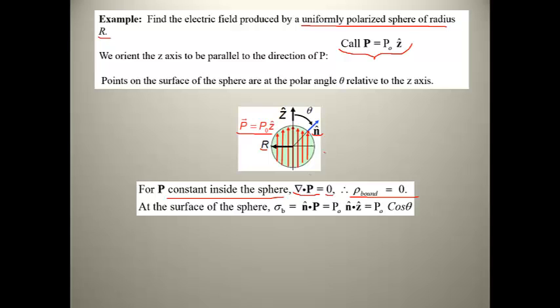At the surface, the surface charge density equals n hat dot P. And if we look at the equation for P, then n hat dotted into P is going to be P0 n hat dotted into Z hat, and that's going to be P0 times the cosine of theta. You realize right here, these are unit vectors, which gives you cosine of theta.